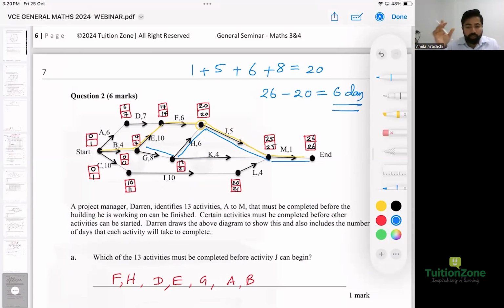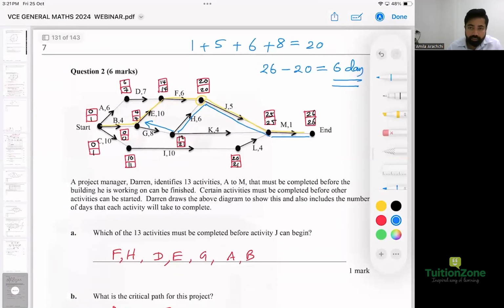But if your G is on the critical path, then you can just calculate by looking at the EST and the LST, right? But this is a different scenario because G can be delayed for some reason, because that's not on the critical path. So it's a good way to do it by backtracking. Cool. So the answer is 6 days. Perfect. Answer is 6 days, so note that down.